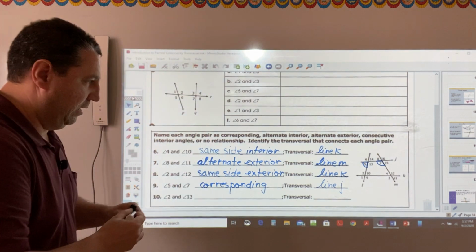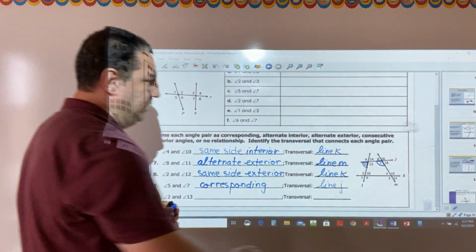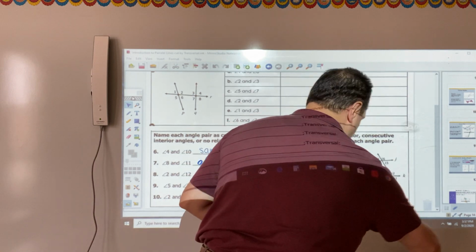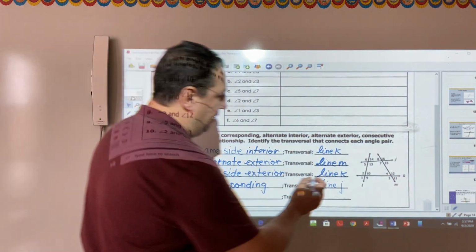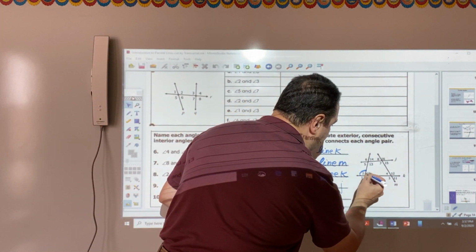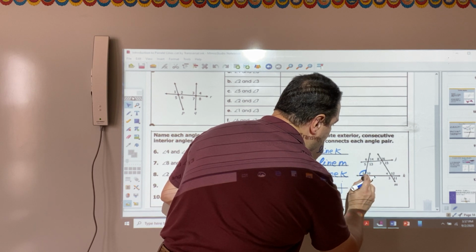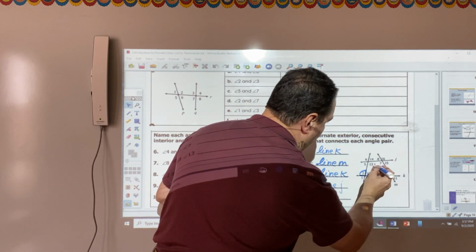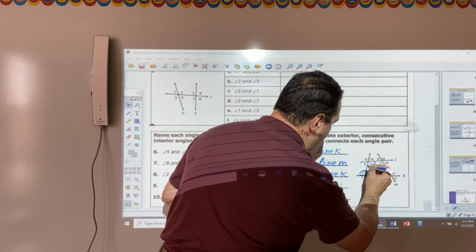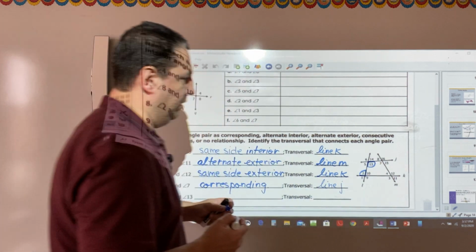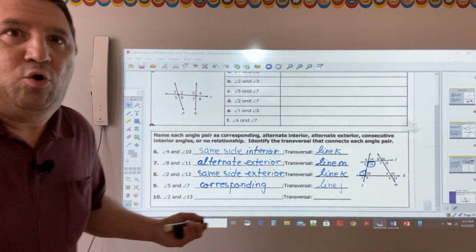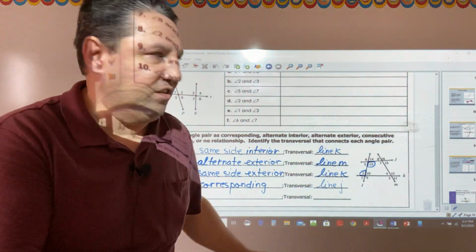Good. And finally, the last one, 2 and 13. Let's mark 2 and 13. Again, we have to identify the transversal.